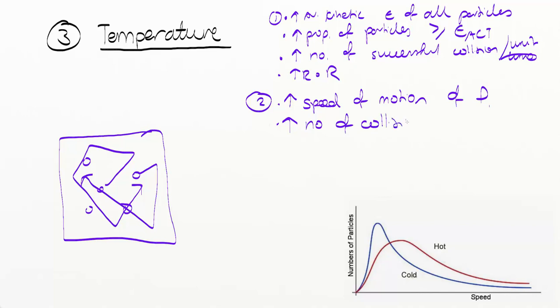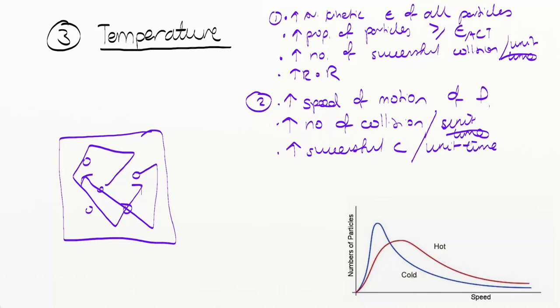So in other words, it will increase the frequency per unit time. I'll say unit time just to be fancy. And then therefore that results in what? An increased number of successful collisions. So it increases the number of collisions per second, and therefore it increases the number of successful collisions per second, or per unit time.